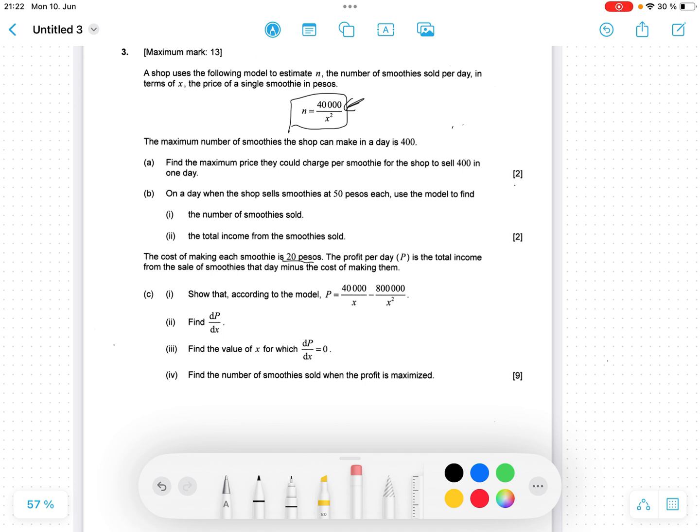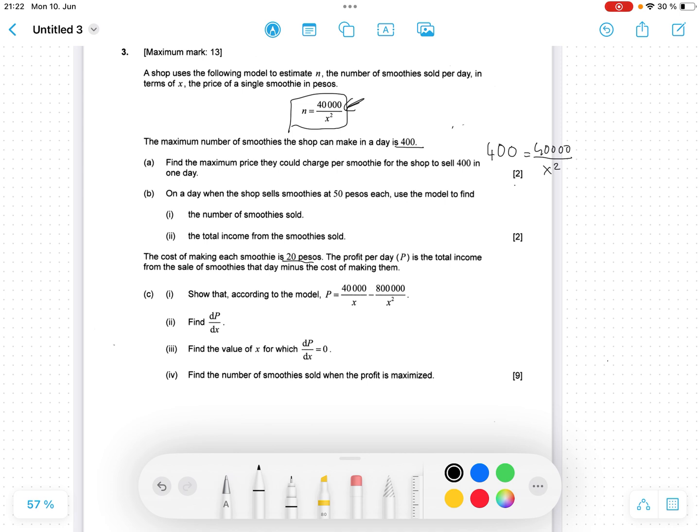Part A says find the maximum price they could charge per smoothie to sell 400 in one day. So we know that N must equal 400. So we simply solve 400 equals 40,000 over x squared.